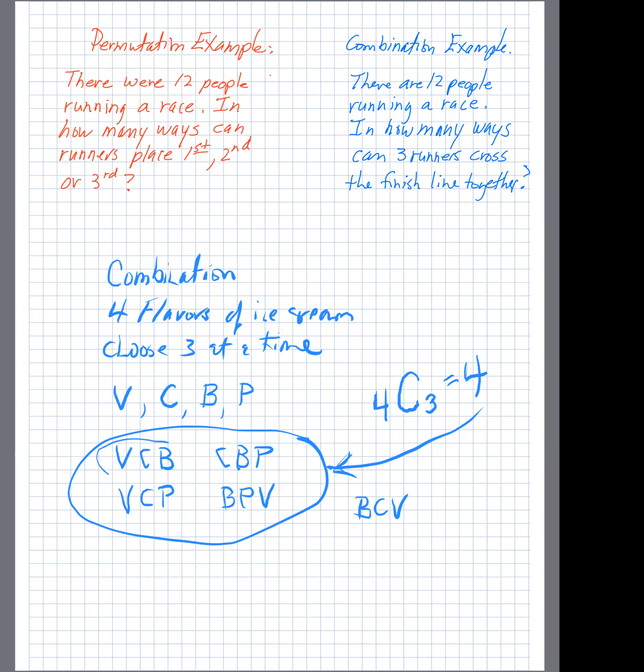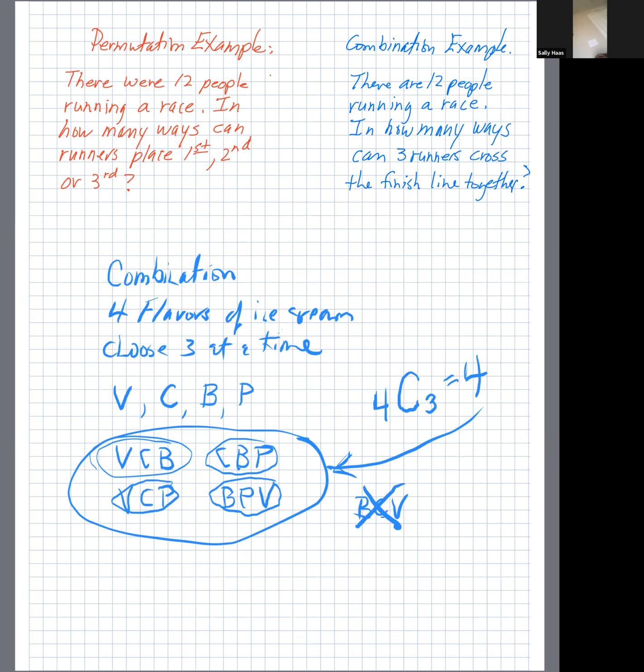Yeah, but it's the same. In our flavor problem, we didn't say anything about order. It's the same 3 flavors. It doesn't matter. So every time someone says, yeah, but what about, we'll just tell them, well, it doesn't matter though, because the same flavors are in these little areas right here. And so it doesn't matter what order you put them in because they didn't tell us to.